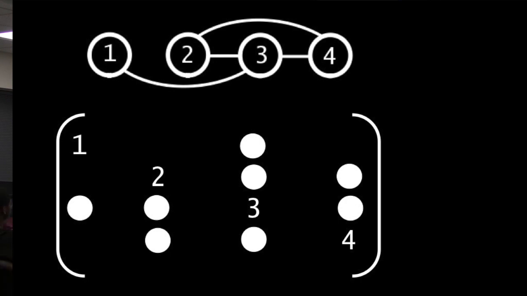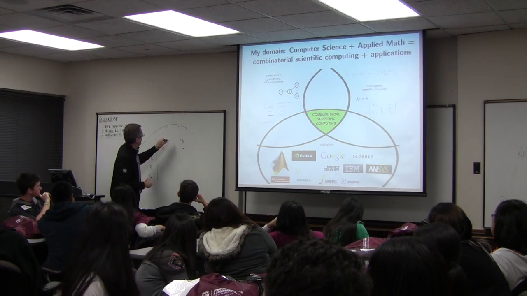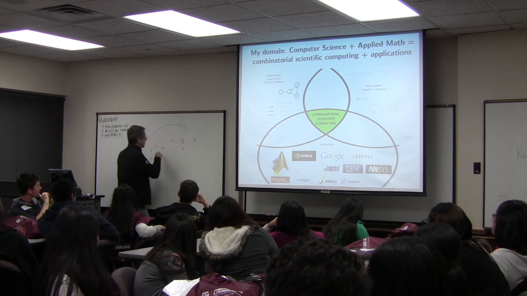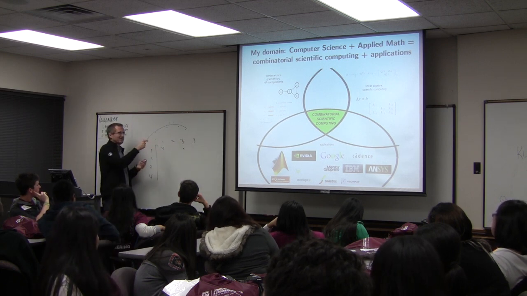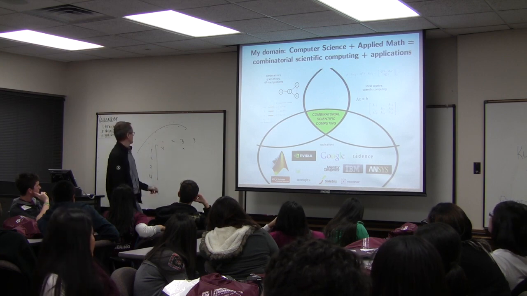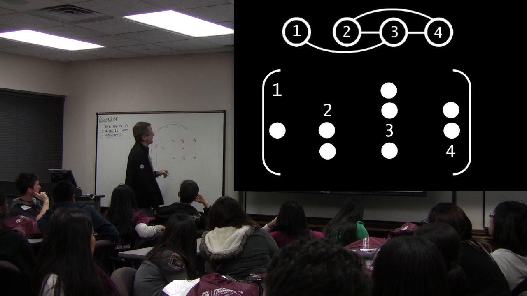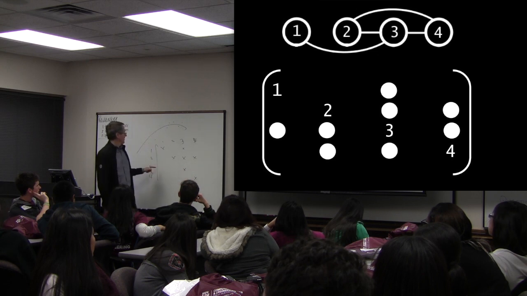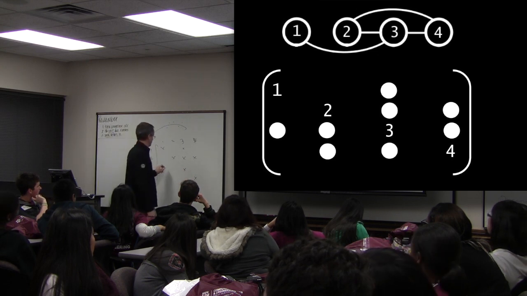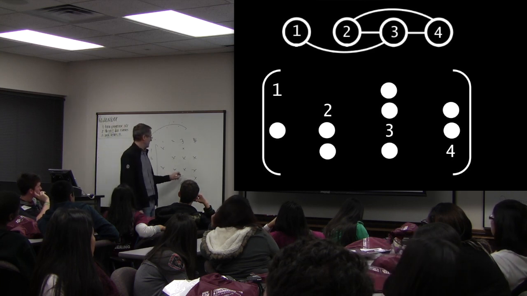Make a table of your friendships: person 1, 2, 3, and 4, across and down. Person 1 knows themselves and person 3. Person 2 knows 3 and 4, and themselves. We'll put the diagonal there to make it a nice matrix. Person 3 knows everybody, and person 4 knows 2 and 3.